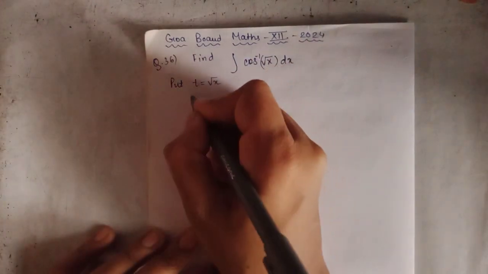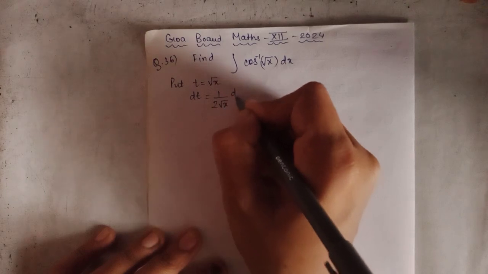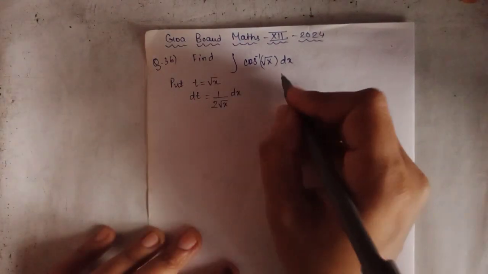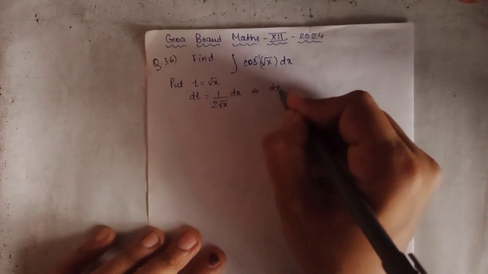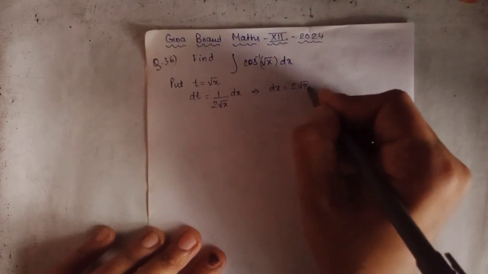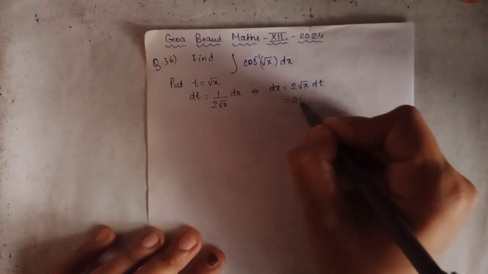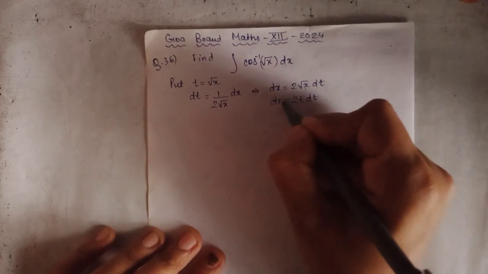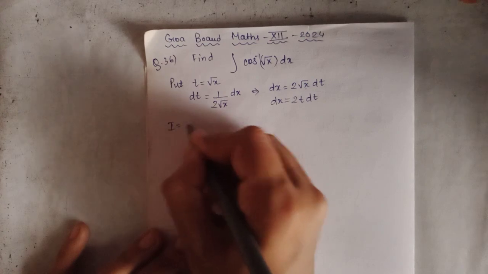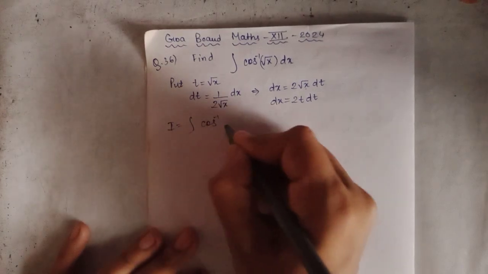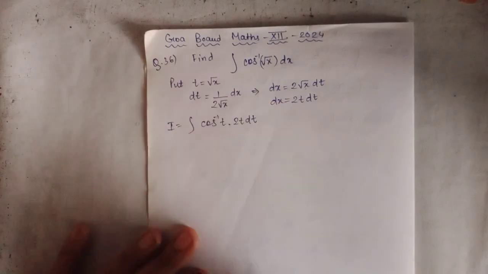Its derivative is dt equals 1 upon 2 root x dx, so dx can be written as 2 root x dt, which is 2t dt. Let's substitute this in the integral: cos inverse t times 2t dt.